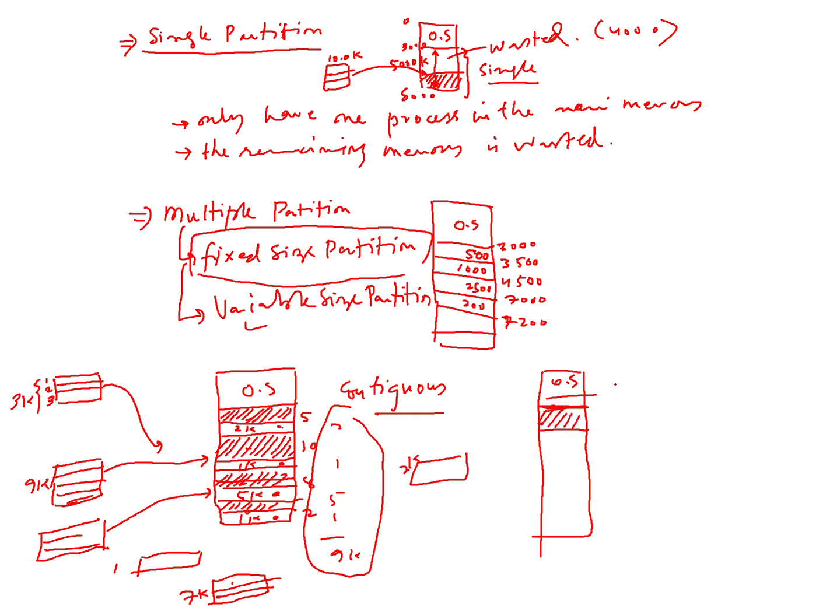Now next, if another process has come, for example here, this is the operating system. Now this one is already occupied, and we receive another process here. We receive maybe another process of 5k, that is written over here, and then we receive maybe another 7k process that is also written over here.